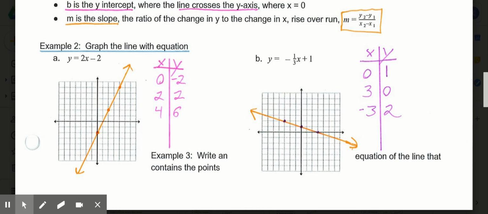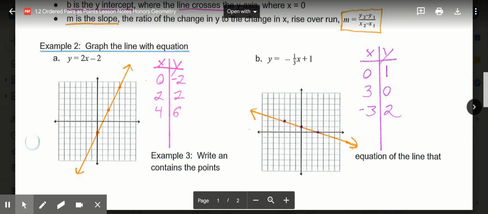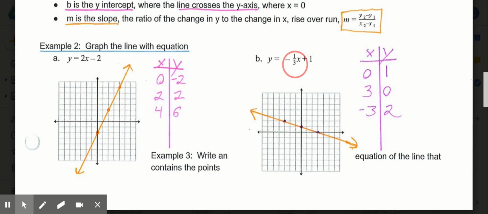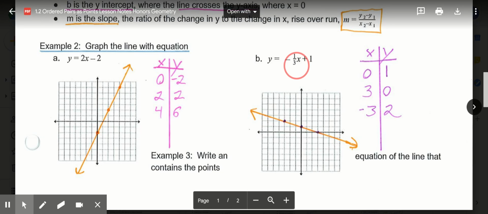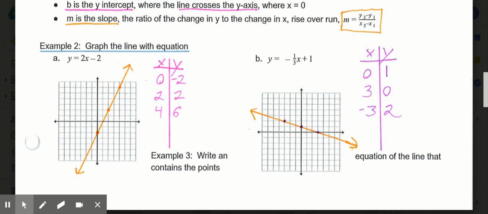That allows us to figure out our y-intercept if you don't want to just take it from the equation. And then because there's a fraction here, I want to plug in numbers for x that are divisible by the denominator to avoid getting fractions or decimals. So I'm using a positive 3 and a negative 3 because both can be divided by our denominator of 3.